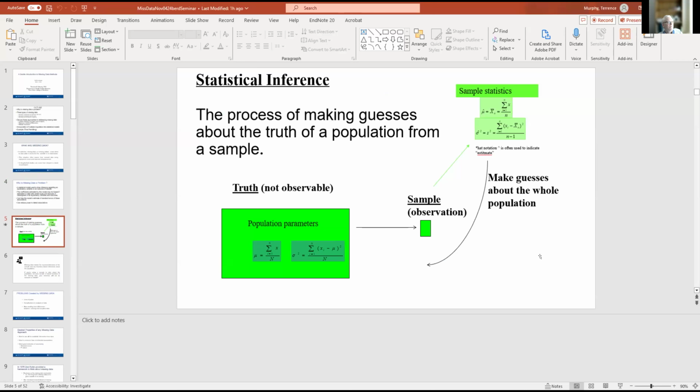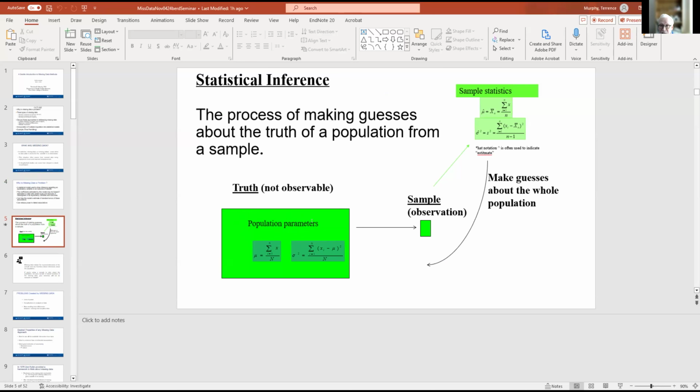Here's a little figure of statistical inference. This large green box here, we consider the population, and there are unknown parameters that describe that population.